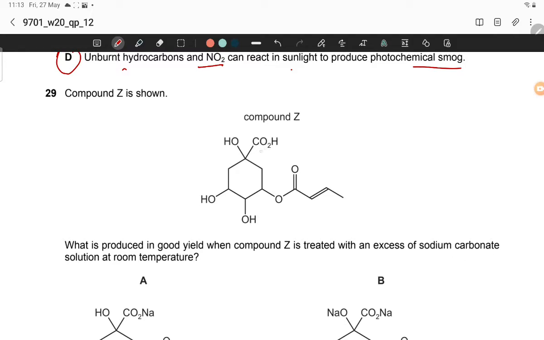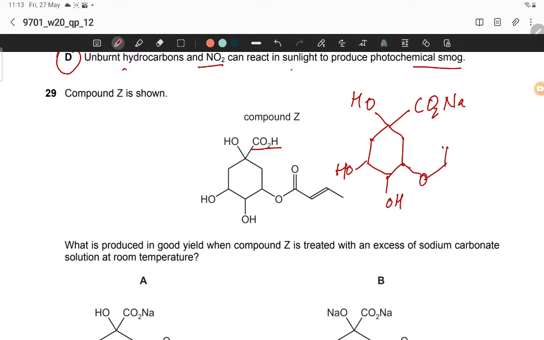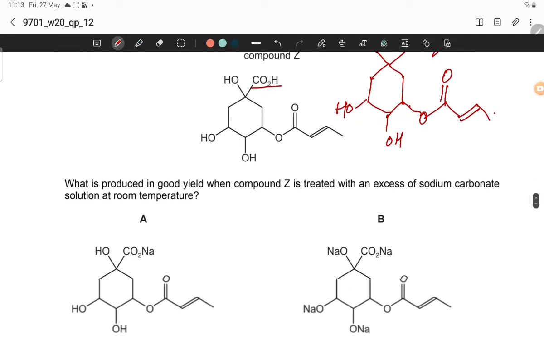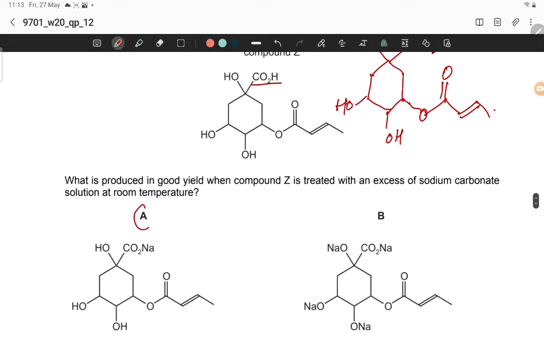Sodium carbonate reacts with this carboxylic acid and forms CO2Na, and the rest of the compound will remain the same. So A must be correct.